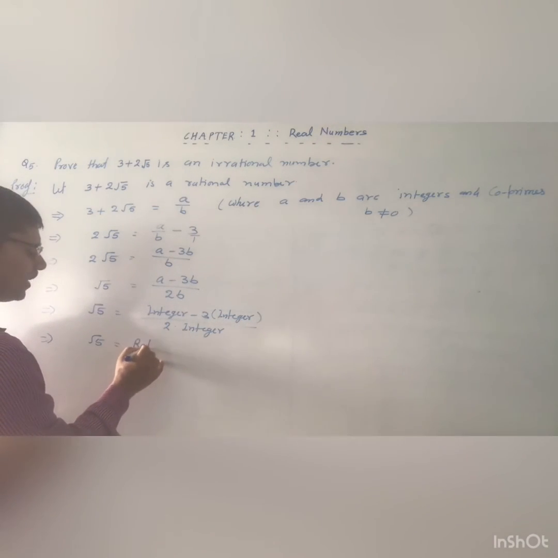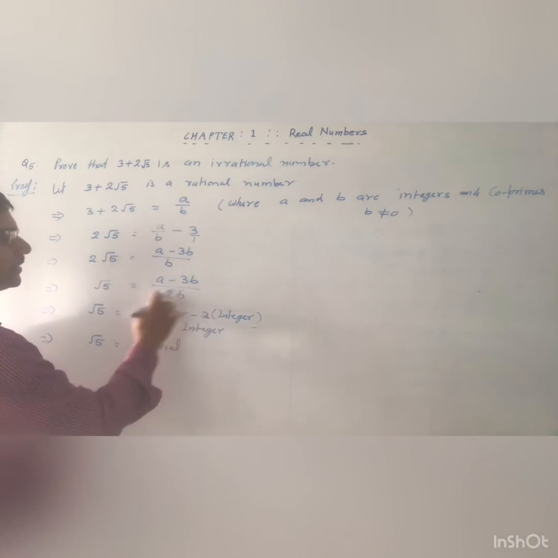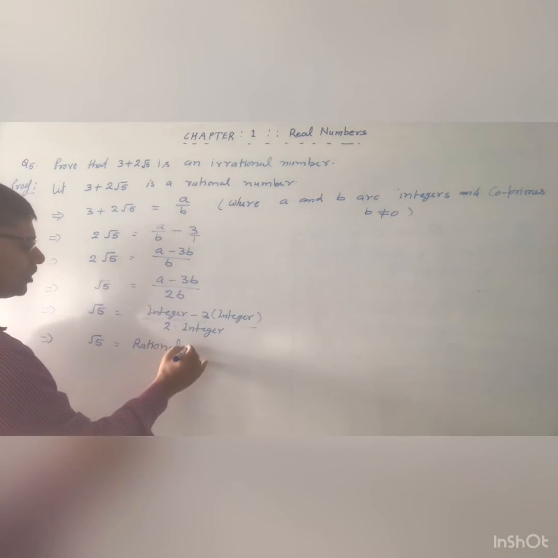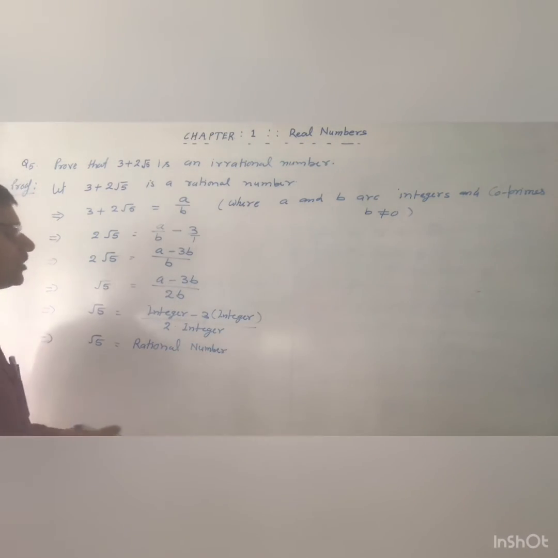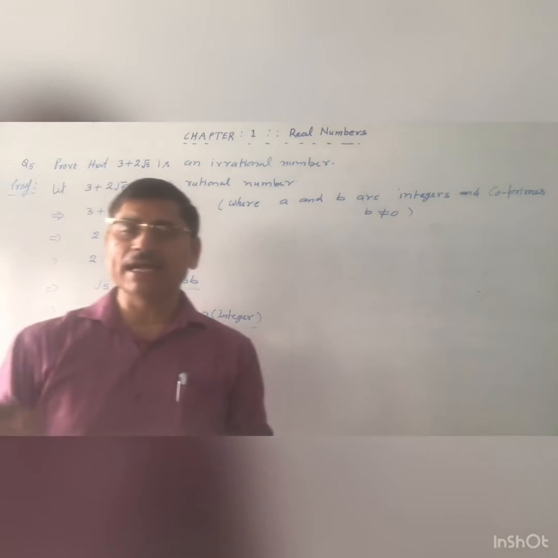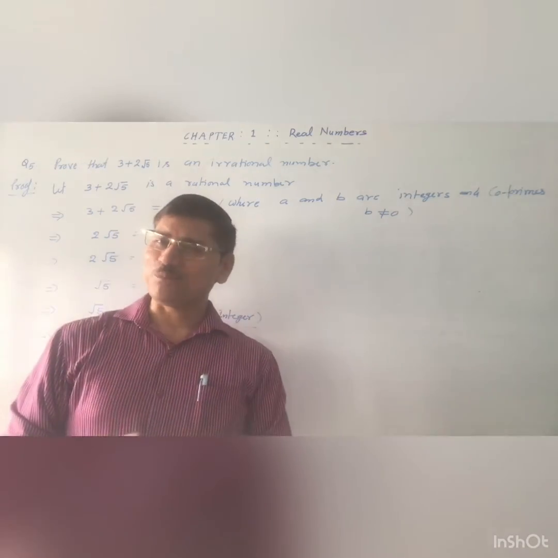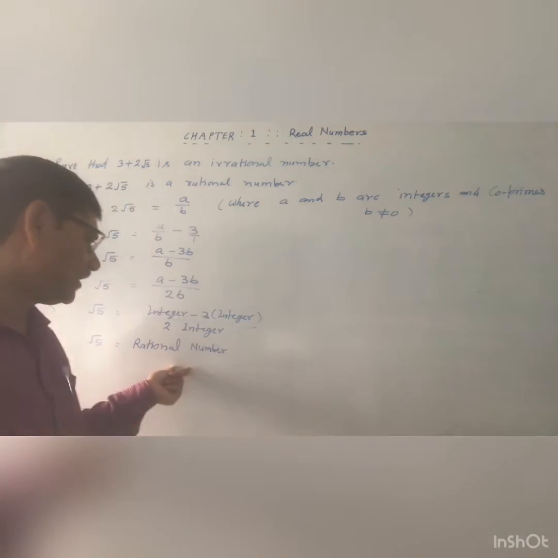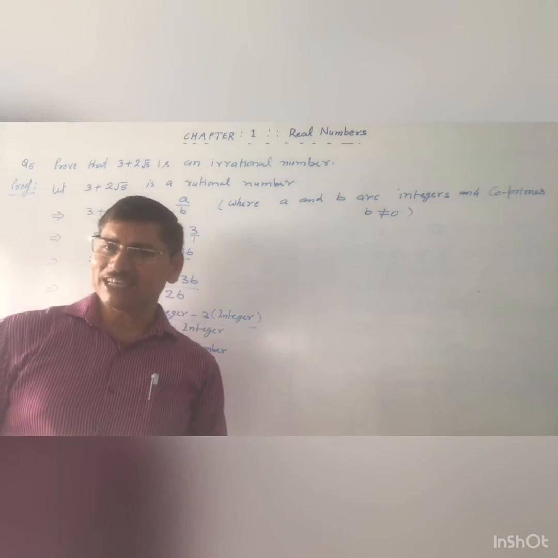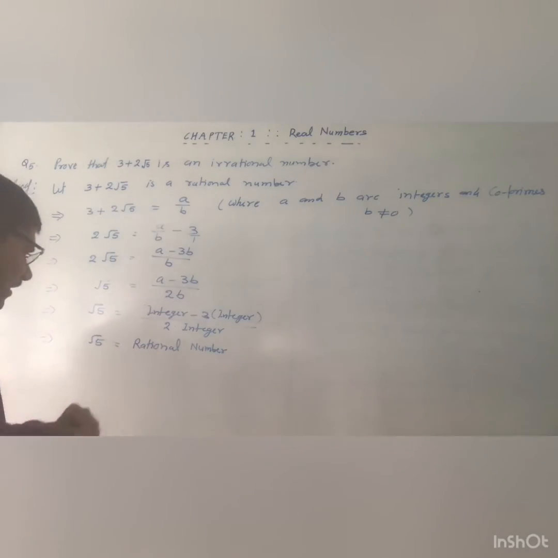On simplifying, the right-hand side is a rational number, because a rational number you can write in the p by q form. If it is in p by q form, then this is a rational number.